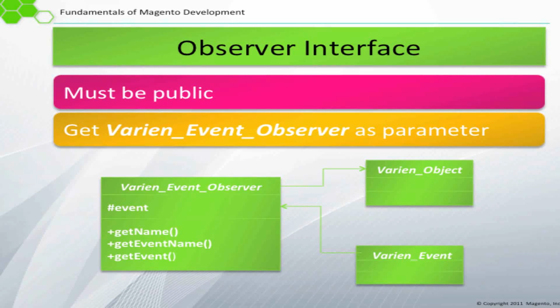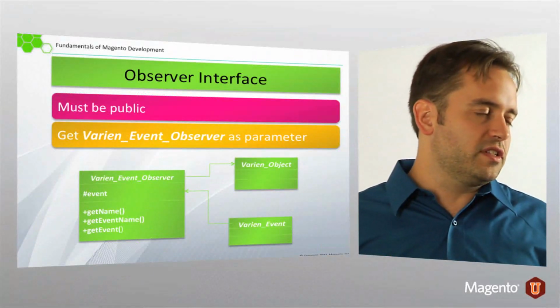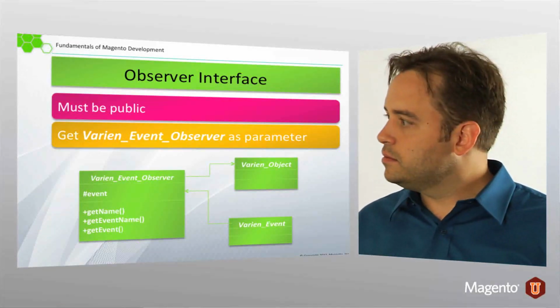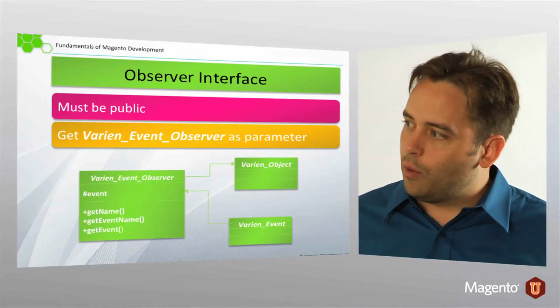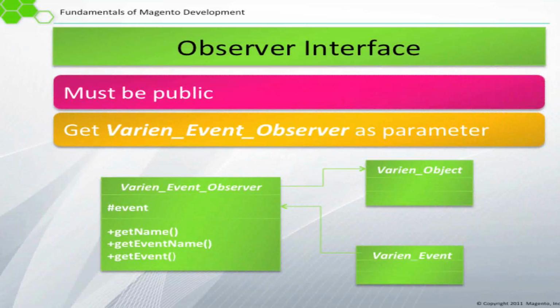Our example at the end of this lesson shows you just that. Inside there, you can always get at the event object through the observer using getEvent. You can also find out the event name using getEventName.